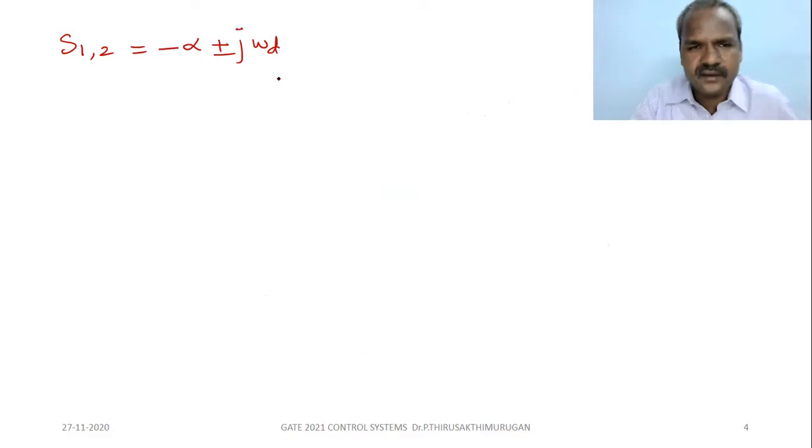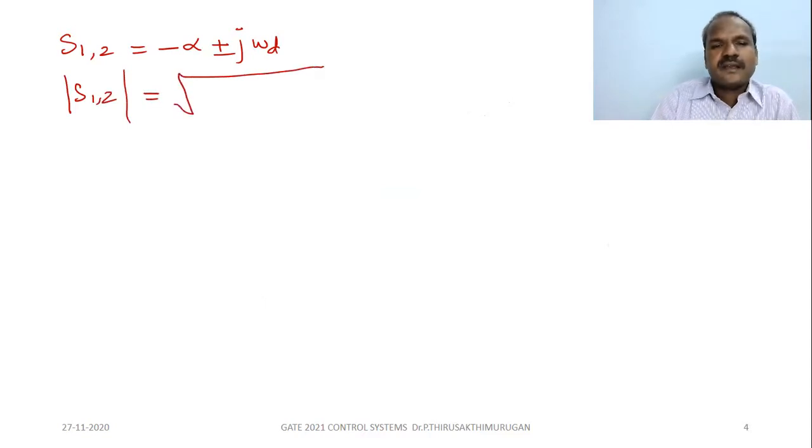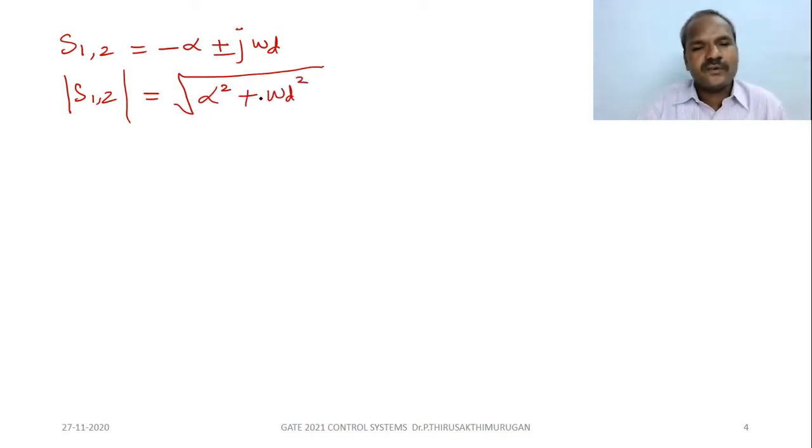So what is the magnitude of the poles S1 and S2? Square root of real part square plus imaginary part square. If you find alpha square plus omega d square, what do you get? We will be getting only omega n, right?